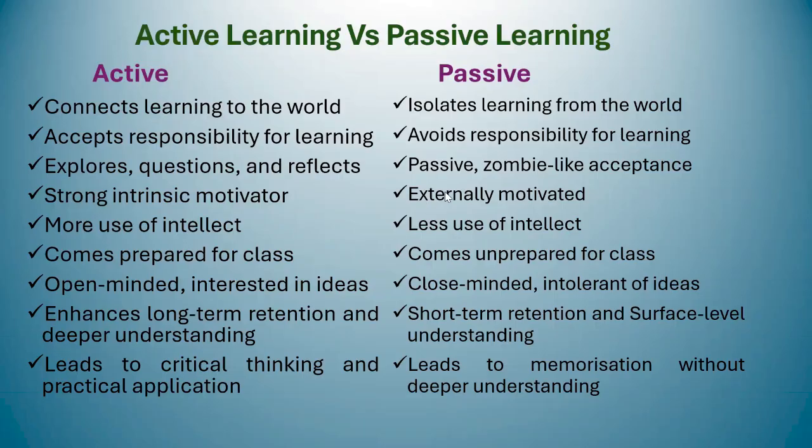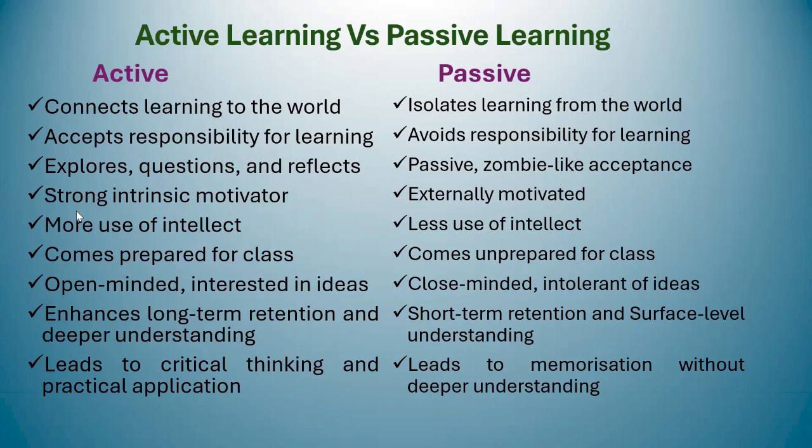In fact, it is a kind of zombie-like acceptance. What is zombie-like acceptance? Means where an individual passively accepts a situation or decision without emotional reaction. That's why we call it zombie-like acceptance.